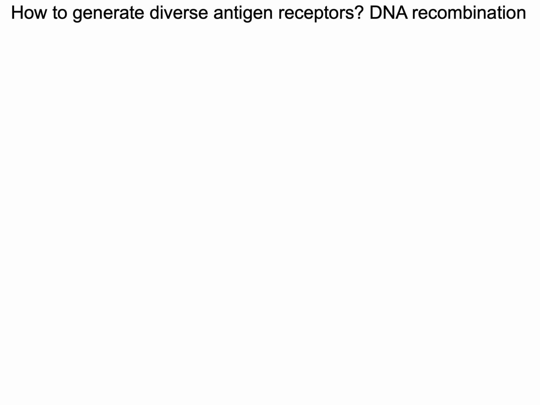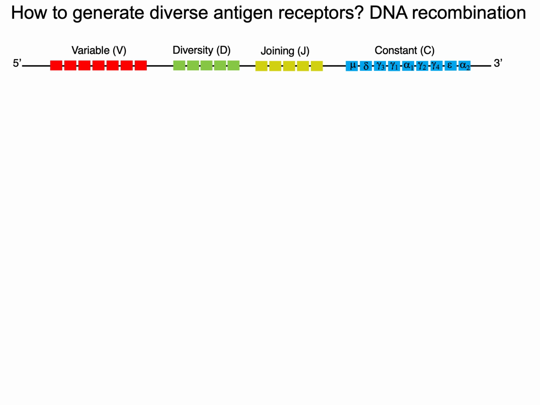So the first issue is, how are diverse antigen receptors generated? This is a process of DNA recombination. The antigen receptor locus does not have a coding gene. Instead, it is composed of gene segments of various types. There are a number of variable gene segments, diversity gene segments, and joining gene segments, as well as a number of potential constant regions.